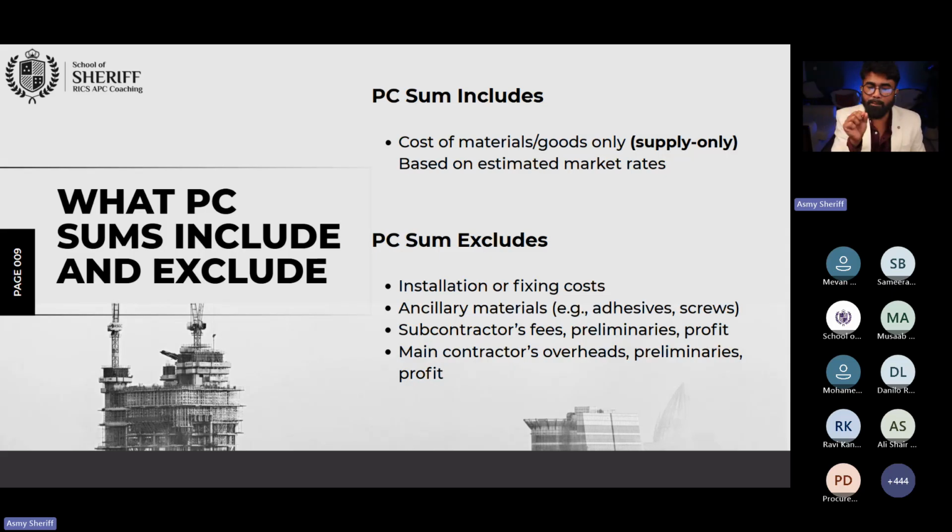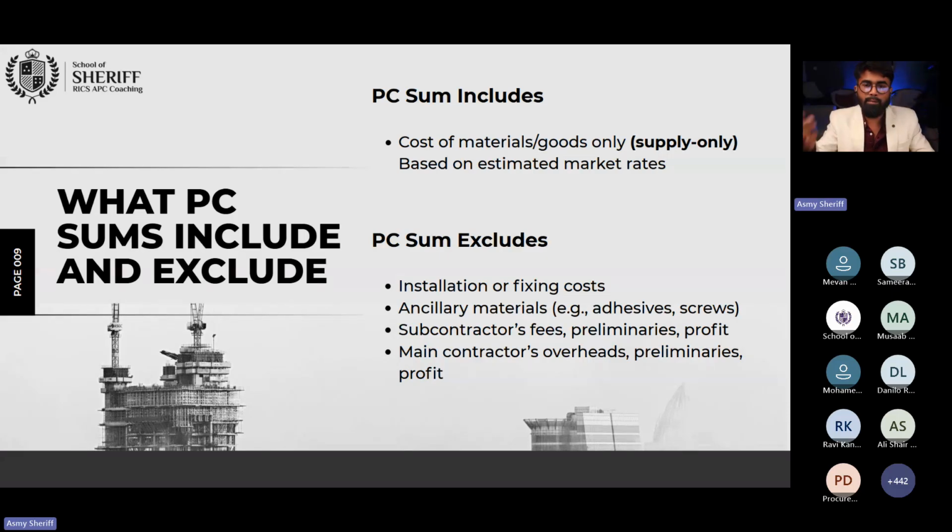So I mentioned tap. For the bathroom, I know I need a tap, but I haven't decided the brand and shape of the tap. So I'm going to make it a provisional prime cost. Later, I will tell the contractor, dear contractor, go and buy the tap from ABC company, or from so and so. I selected one.